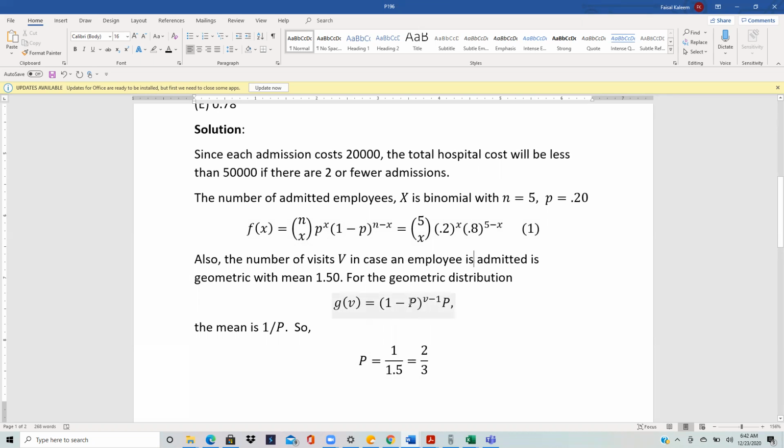This is the formula for geometric distribution: 1 minus P power V minus 1 times P. We are told that the mean is 1.5, but we also know that the mean of a geometric distribution is 1 over P. So 1 over P equals 1.5, so P will be 1 over 1.5, and that will be 2/3.